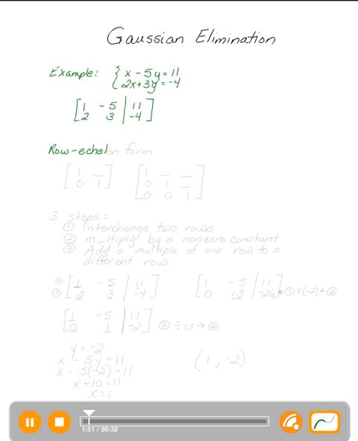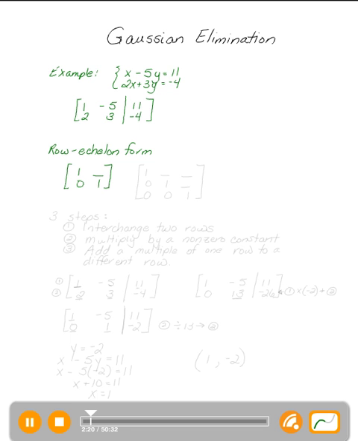And row echelon form, for a square matrix, any square matrix, basically means we're looking at the coefficient part of that matrix above. If we were looking at a matrix in row echelon form, what we would like is to have ones on the diagonal, zeros below that diagonal, and it does not matter what the elements are above the diagonal.